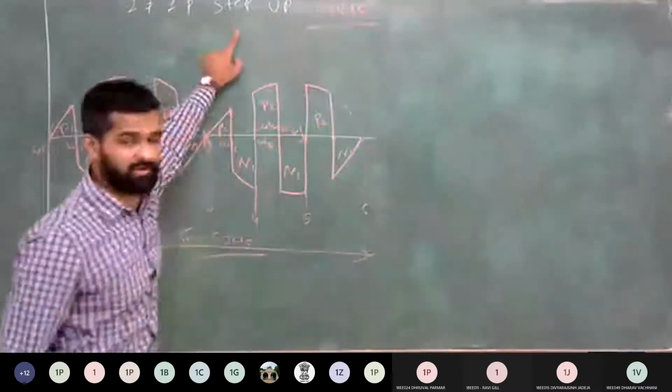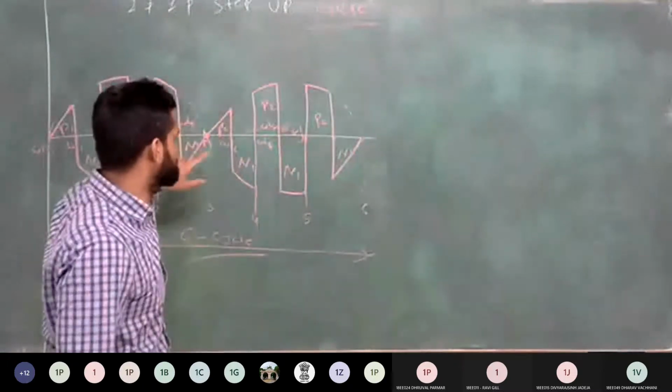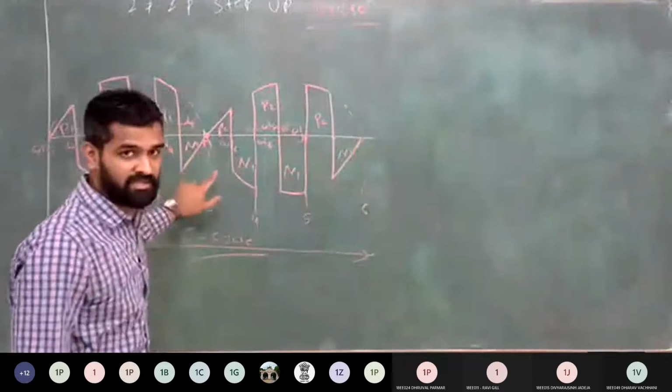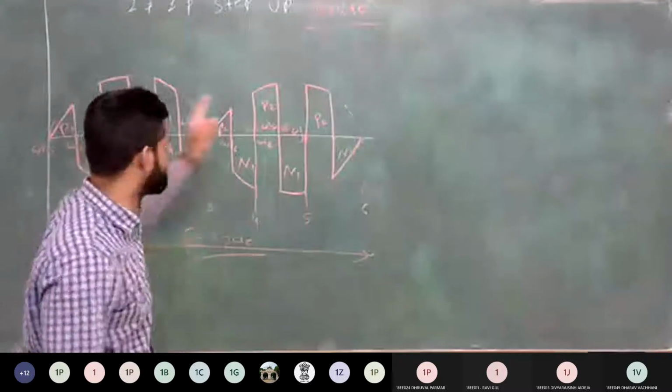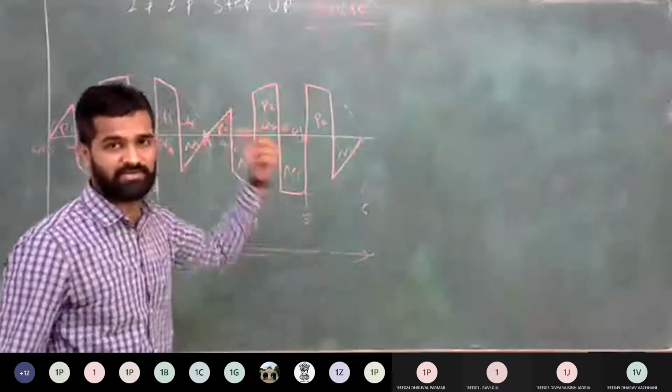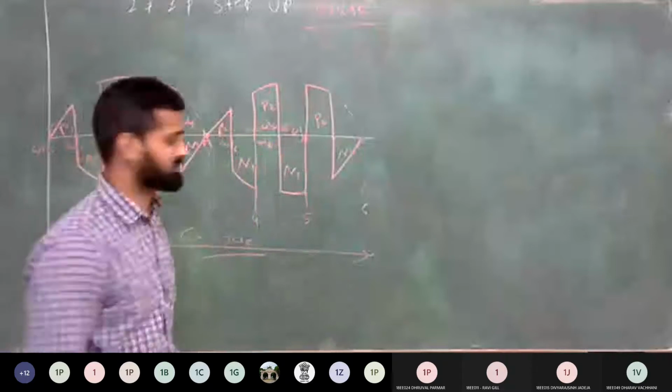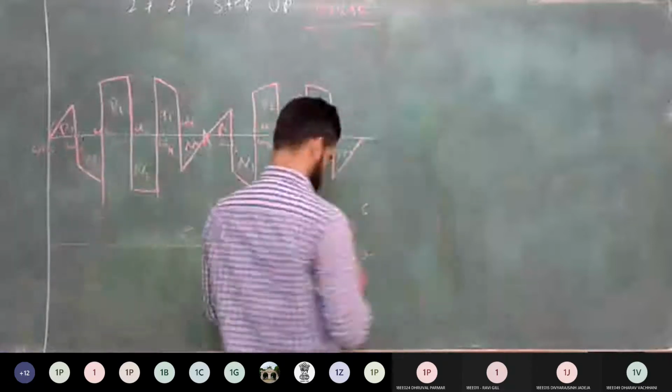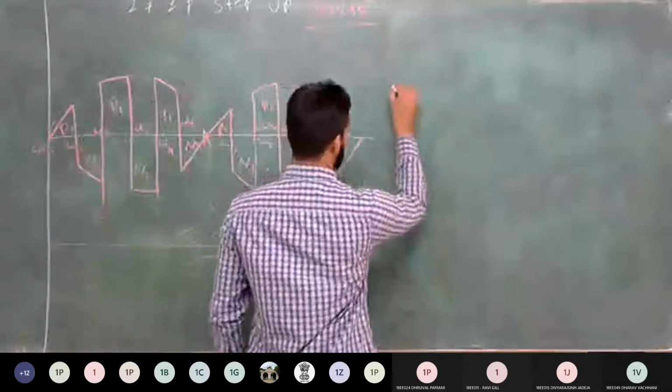Say it is a step-up cycloconverter. We convert the output frequency to the same 300 Hz. It means we get the same waveform but with a different configuration of cycloconverter. So this is called a bridge type configuration.